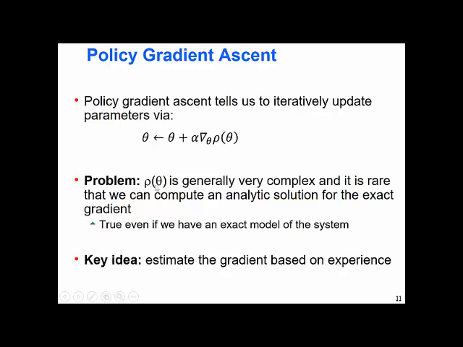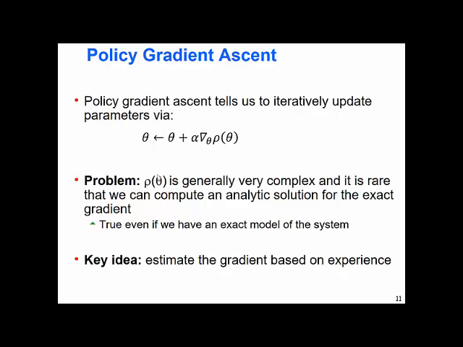But there's a big problem here. Rho theta is not a nice little function that we can compute the gradient of. Neural networks are not nice little functions either, but it's just a feed-forward circuit, and it's very easy to back-propagate to get the gradient. Rho theta is a complicated thing. It is the expected value over possible trajectories that this policy could produce.